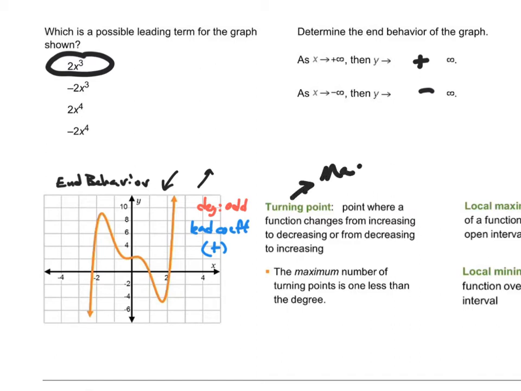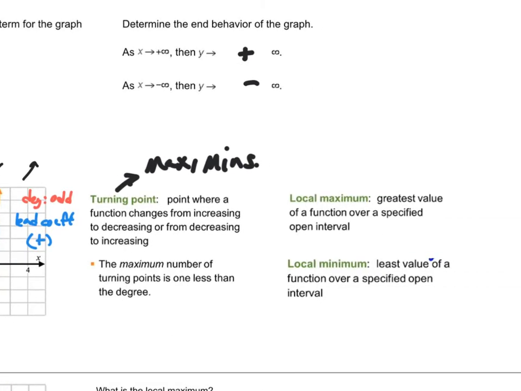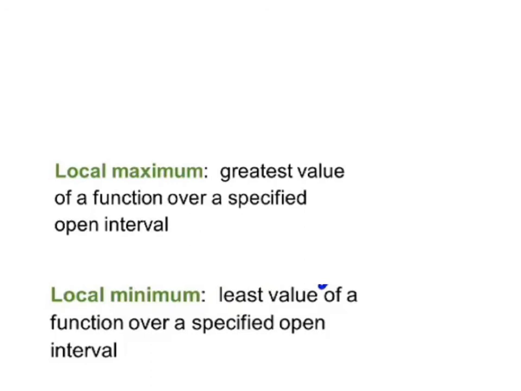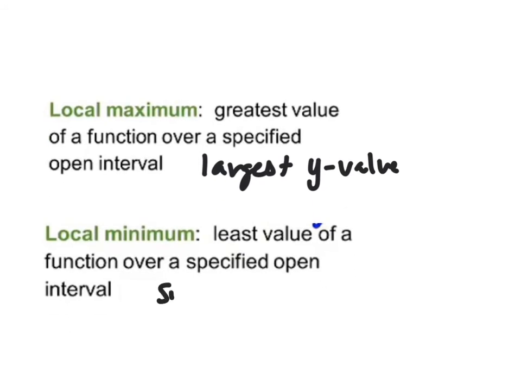It says that a local maximum is the greatest value of a function over a specified open interval, and a local minimum is the least value of a function over the specified open interval. So let's rewrite that. A local maximum is the largest y value over an interval. A local minimum is your smallest y value.